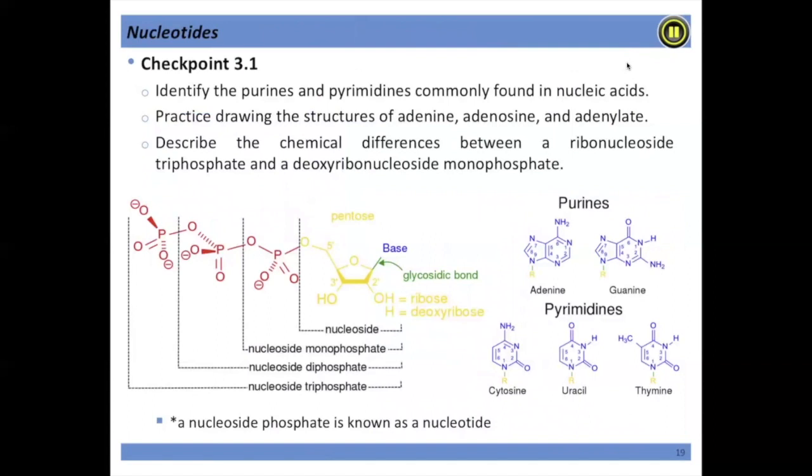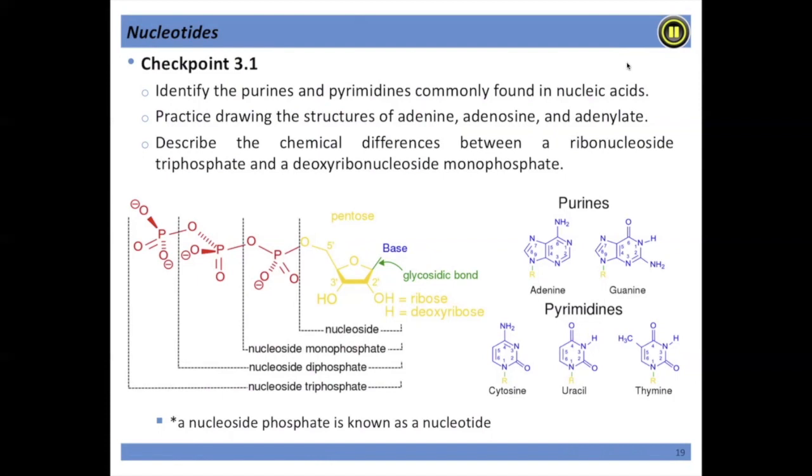So hopefully at this checkpoint, you can identify the purines and pyrimidines. You can draw the structures of adenine, adenosine, and adenylate, and actually all the other nucleotides. And you can describe the chemical differences between a ribonucleoside triphosphate and a deoxyribonucleoside monophosphate.